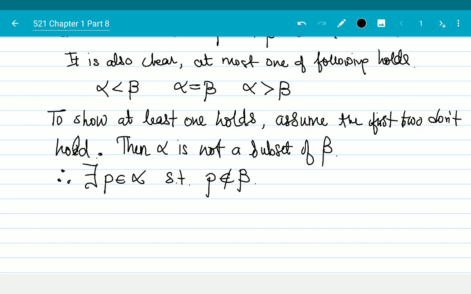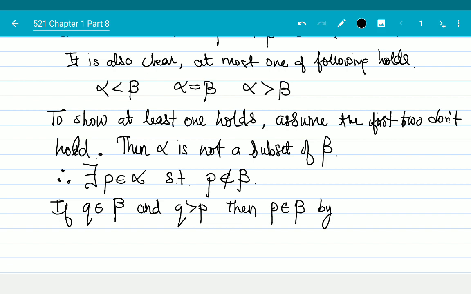Now, if q belongs to beta and q is greater than p, then p belongs to beta by property 2, right?